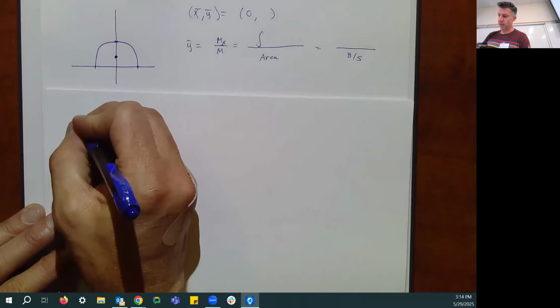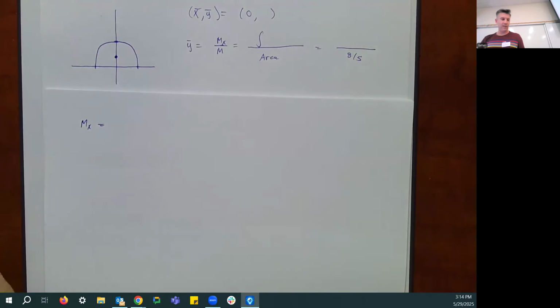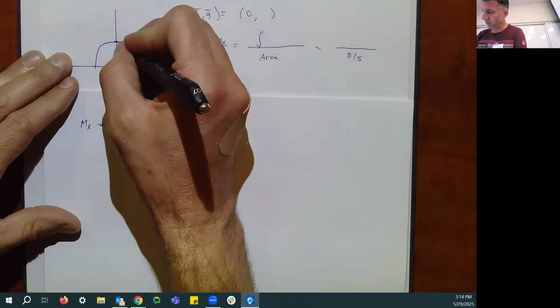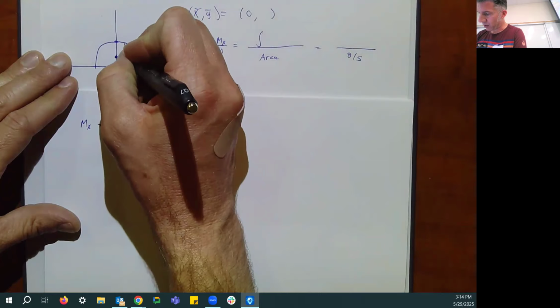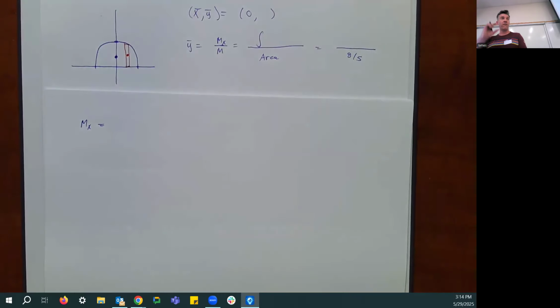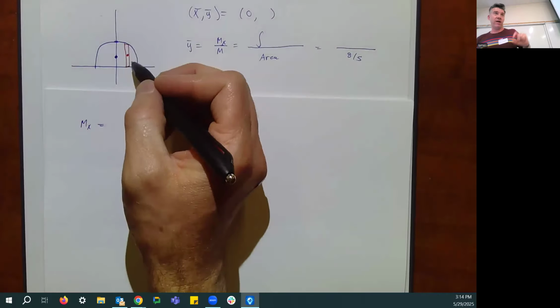the moment around the x-axis, doing this the more typical way, leaving things in terms of x. We're thinking about a vertical rectangle here, all of its mass being put at the center of that rectangle, and the length to that center being the distance of the lever arm, and then all the mass being the area of that rectangle.